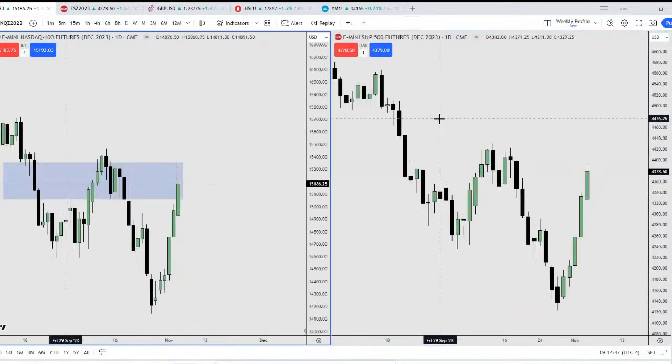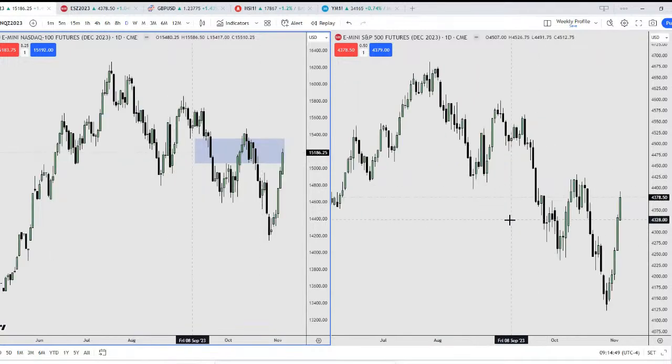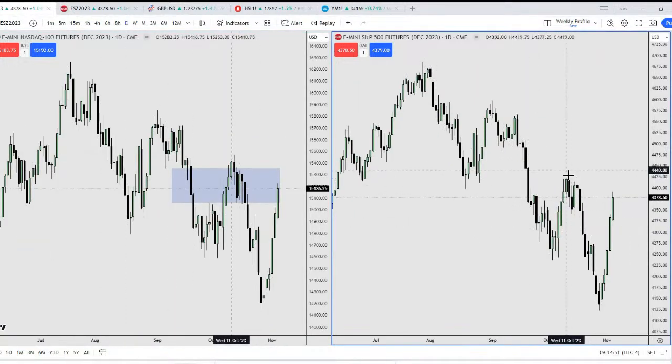If you take a look at ES, it's going to take out the high here, and we have a fair value gap above the high, an inefficiency. So we could have ES making higher highs, and then we have Nasdaq making lower highs.